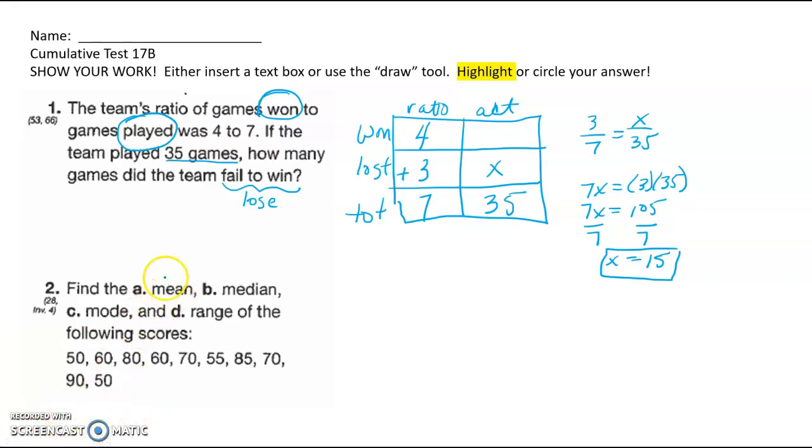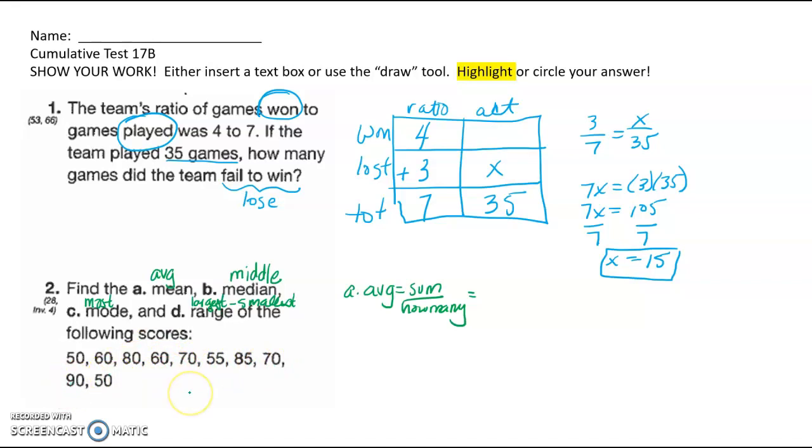Okay, find the mean, which is the average, the median, which is the middle, the mode, which is the most, and the range is the largest minus the smallest. Okay, so average is equal to the sum over how many? We have 1, 2, 3, 4, 5, 6, 7, 8, 9, 10.